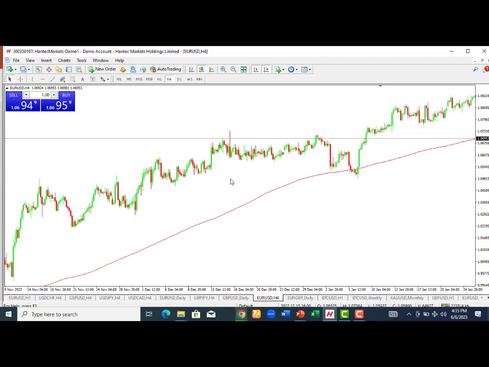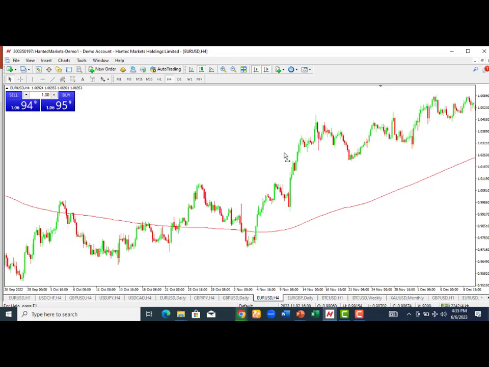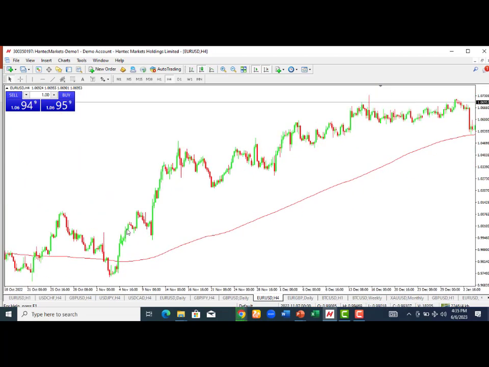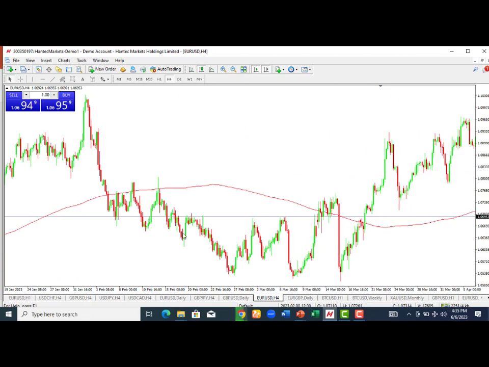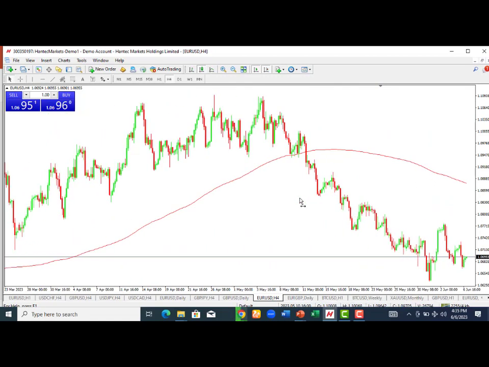So for an uptrending market, let me see if I can get a good one for you. I'm seeing a lot of them here, but I'm looking for one that you will be able to understand quickly before I get to all these other bigger ones.